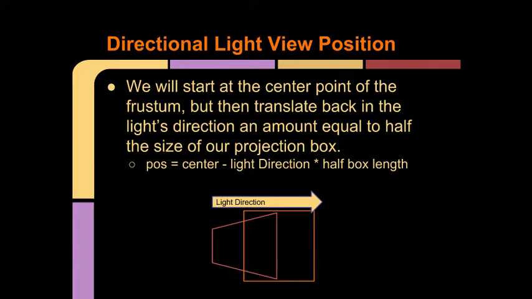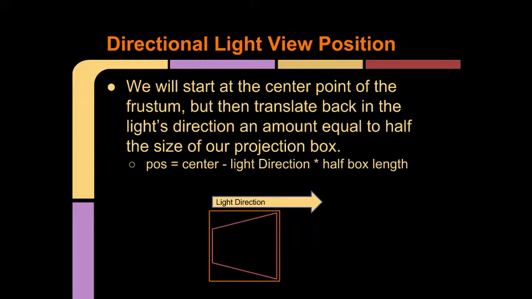To fix this, we will move back from the camera's frustum center point in the negative light direction an amount equal to half the distance between our light's near and far clip values.